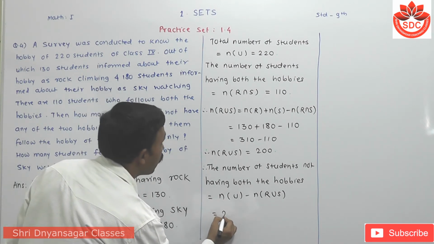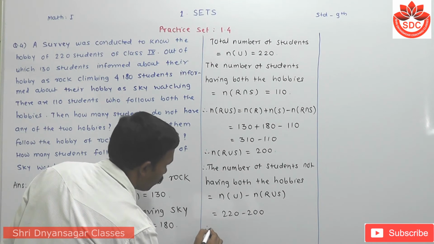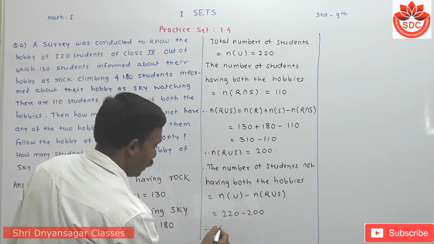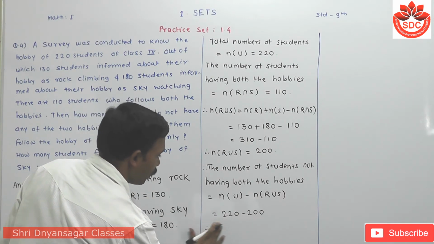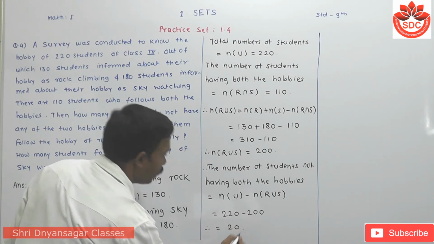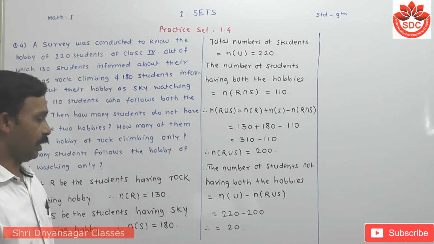That means 220 minus 200. Therefore the number of students is equal to how much? Only 20 students are not having any of the hobbies here.